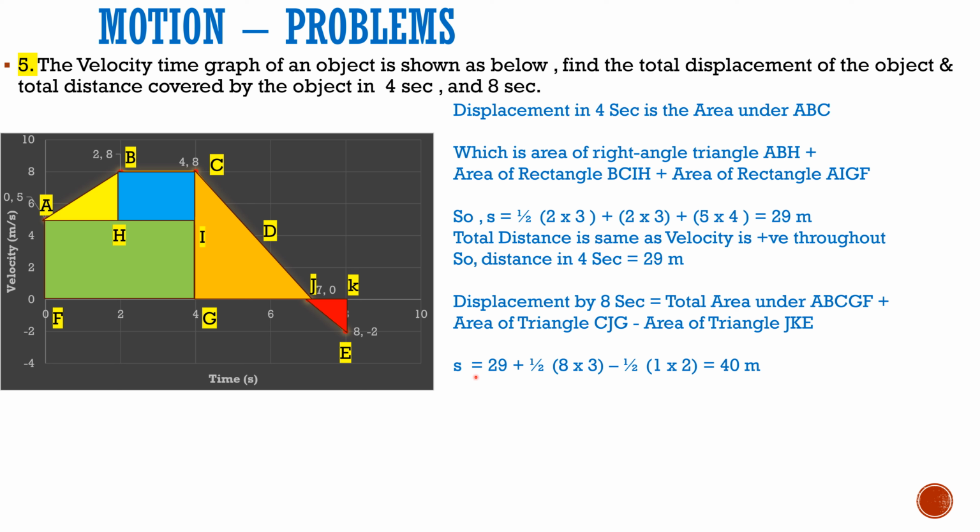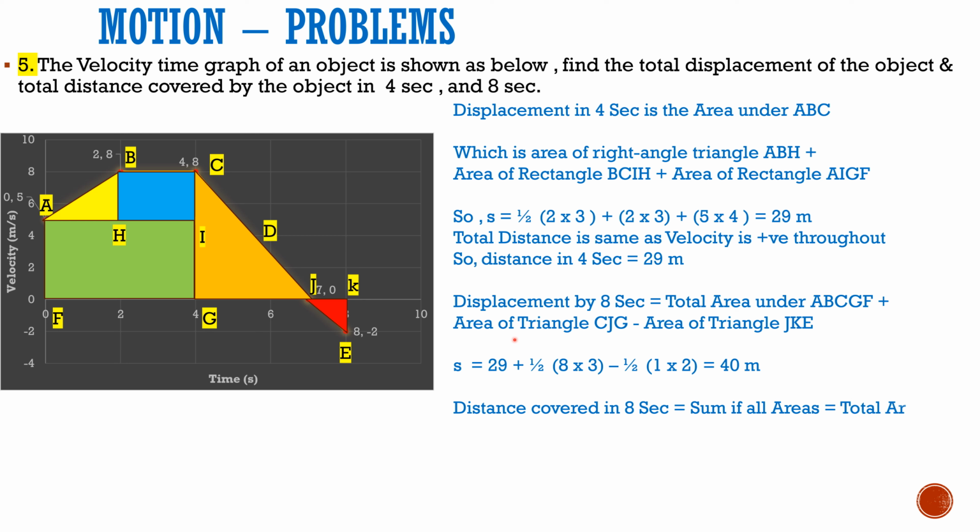Whereas in case of distance, we are not going to negate this area, because this is the additional distance that the object has covered basically. So we will still recalculate this area and add it to the previous area. So it will be 29 plus this half into 8 into 3 plus this one, because this is getting added. Distance is always incremental, as we know. So we will simply add this part and find the distance in the 8th second.